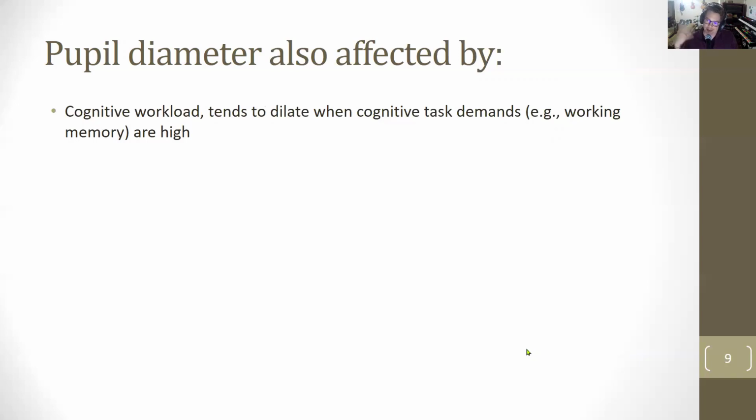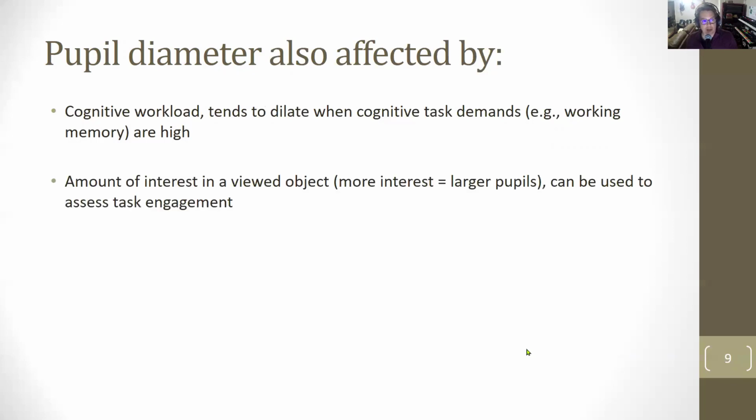The counter argument is, well, if I just turn the lights on and off, the pupil will move this much, whereas cognitive workload makes them move fractions of a millimeter sometimes. So it's harder to measure, but if you have the right equipment, you can get some indication of people's cognitive activity based on the size of their pupils.